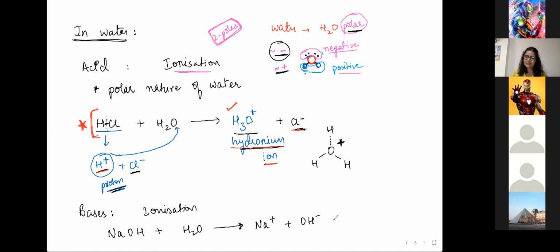So there is no issue. It's not like H plus, turning into a different ion. So bases are pretty straightforward. You get a cation and OH minus ion. And water may exist as H plus and OH minus themselves. So basically, bases undergo ionization. They break down into Na plus and OH minus.